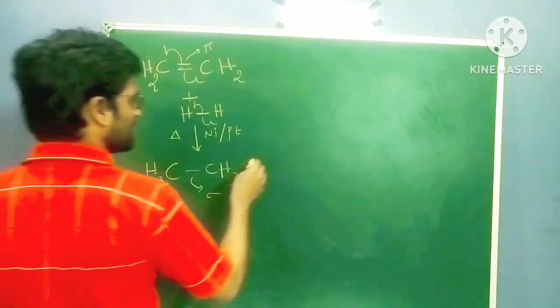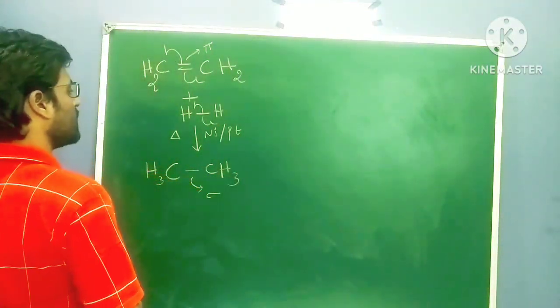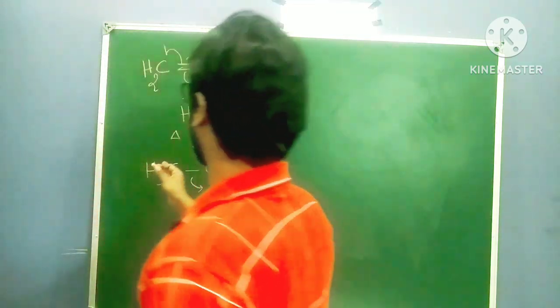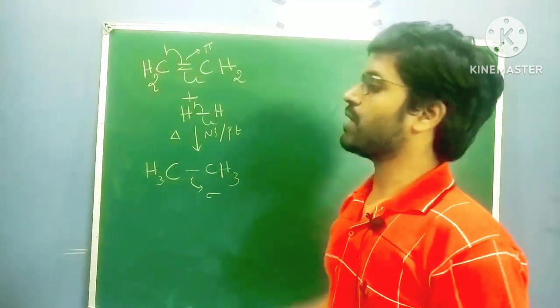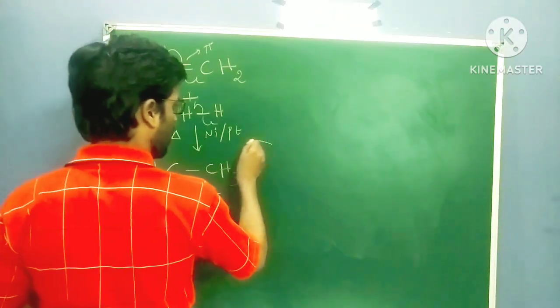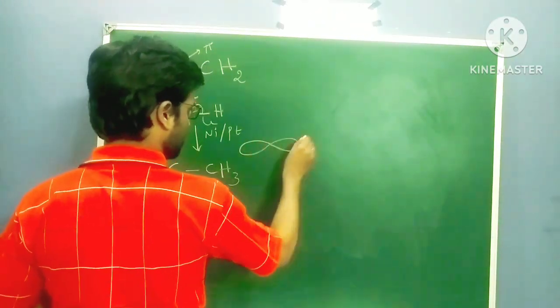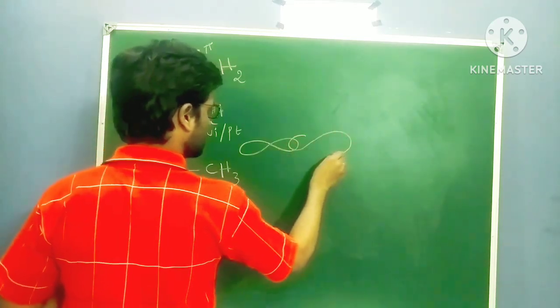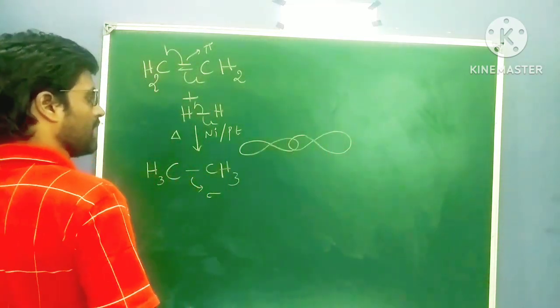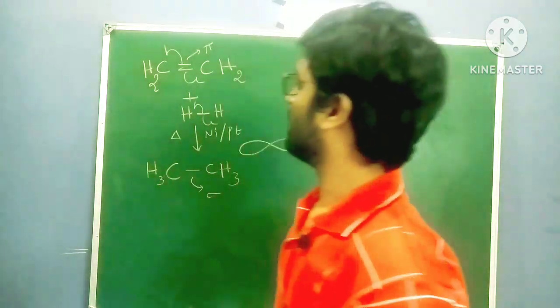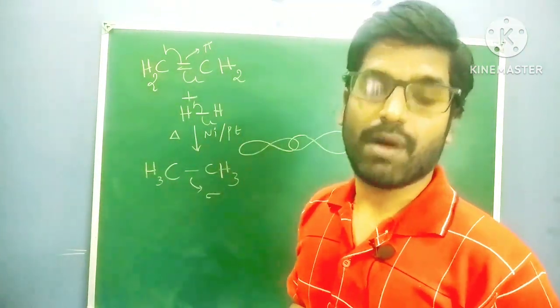If you take the internuclear axis as the x-axis, for suppose px orbital of carbon and px orbital of carbon, end to end overlap is there, something like this. This overlap will give a sigma bond.